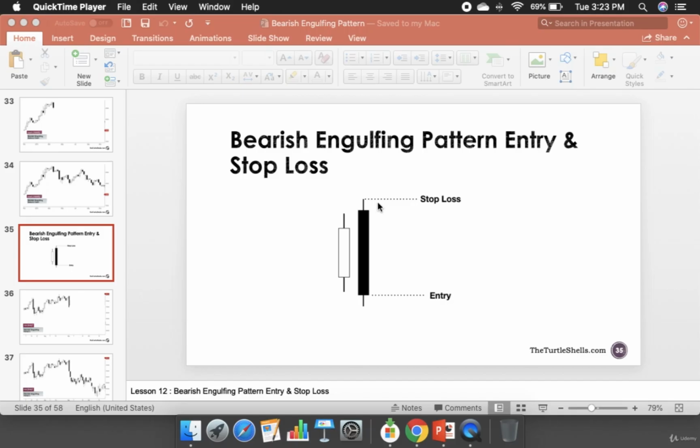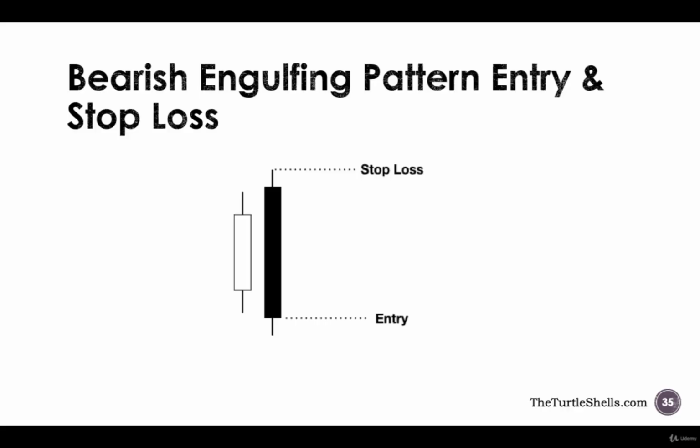Now let us have a look at the entry and the stop loss system for the bearish engulfing pattern. This is pretty easy. By now you must know where to keep the entry and where to keep the stop loss. The entry is the close of the bearish engulfing pattern, which comes after an uptrend.